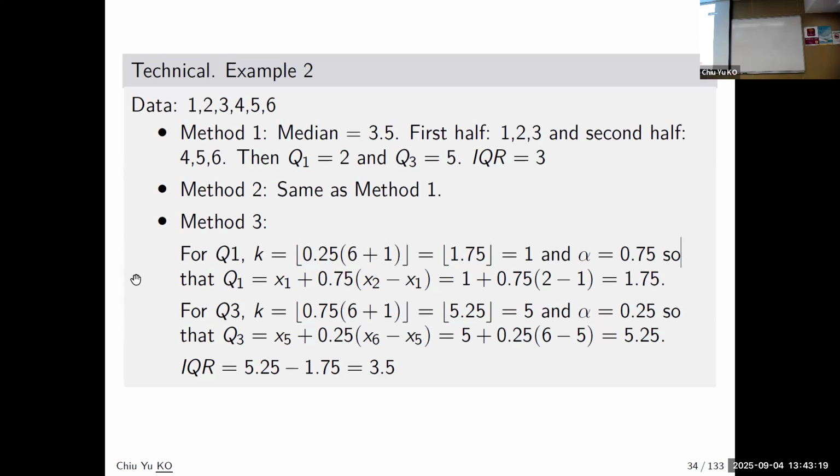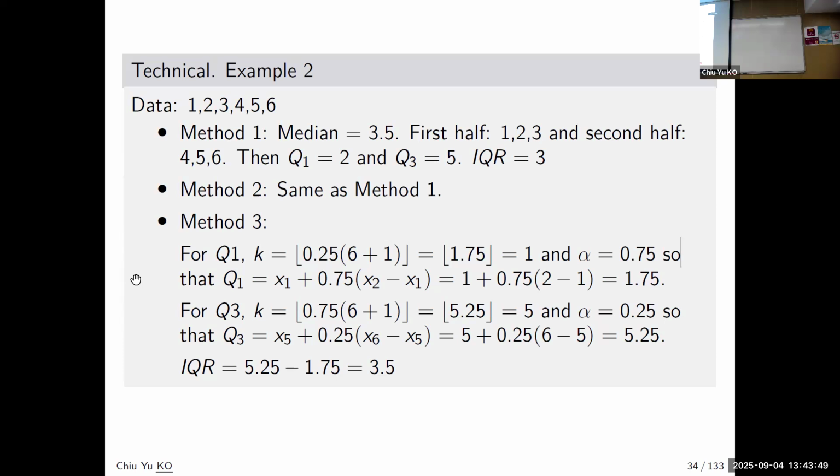Because the median of 3.5 does not fall on a data point, no matter what you think about method 1 or method 2, it's the same. The first half is always 1, 2, 3, and the second half is 4, 5, 6. The median of the first half is 2, and the median of the second half is 5. So the IQR is always 5 minus 2, which is 3, regardless of method 1 or method 2. Method 1 and method 2 differ only in whether the median is included or not. So no matter whether you are from the UK or the US, you get the same result.